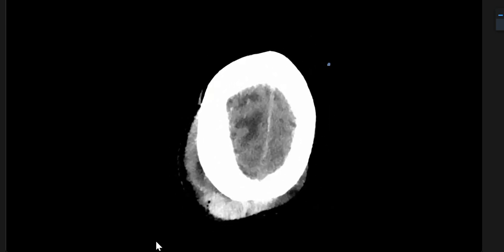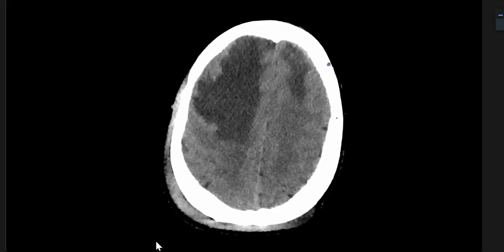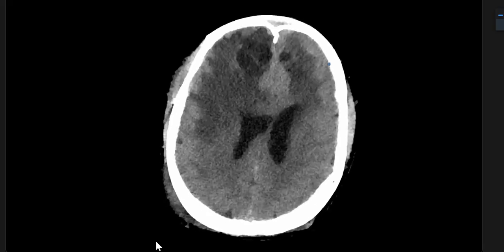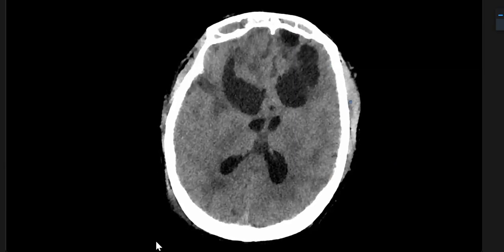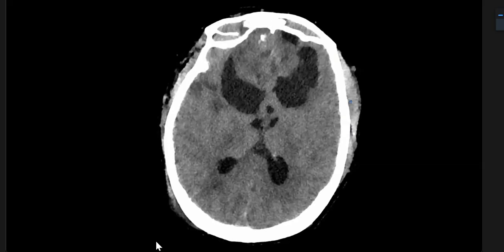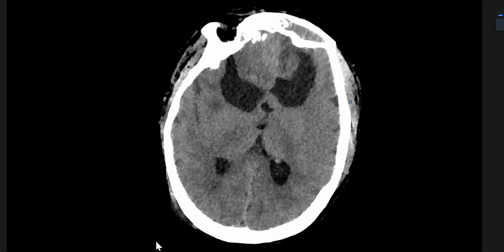In this patient, I have noticed different areas of hypodensity involving both frontal lobes with significant mass effect on the bilateral lateral ventricles.